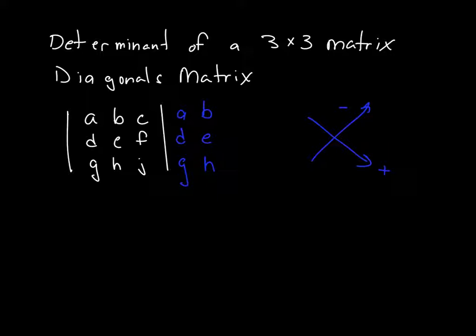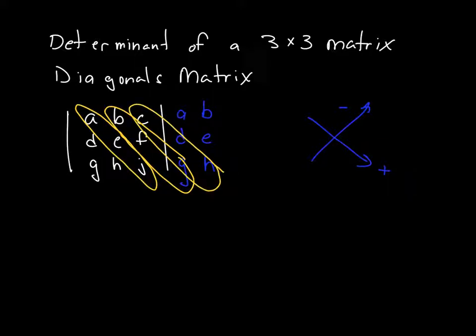My first diagonal is A, E, and J. Then my next diagonal would be B, F, and G. My third diagonal this way is C, D, and H. So that first one here would be A, E, and J plus B, F, G plus C, D, and H.